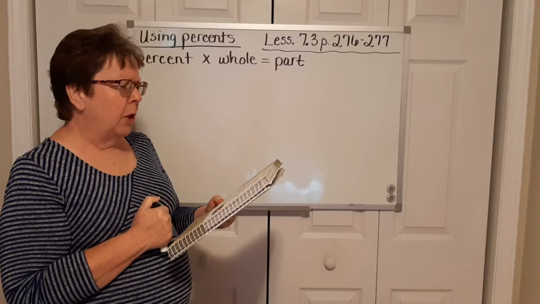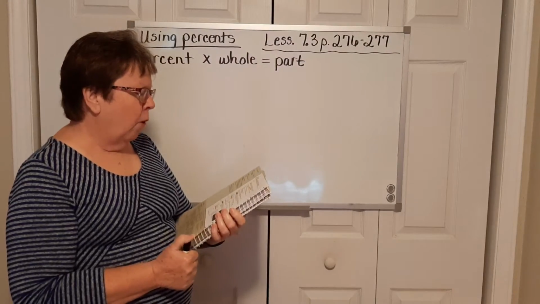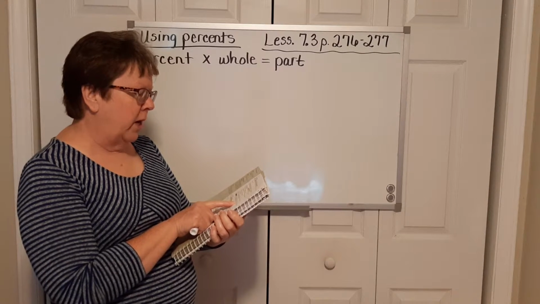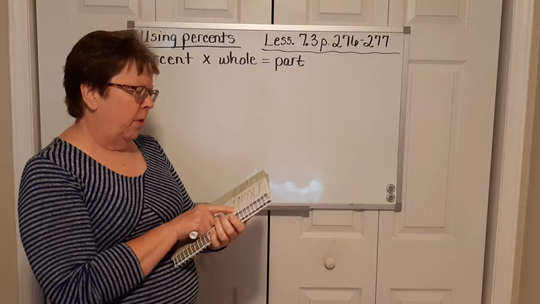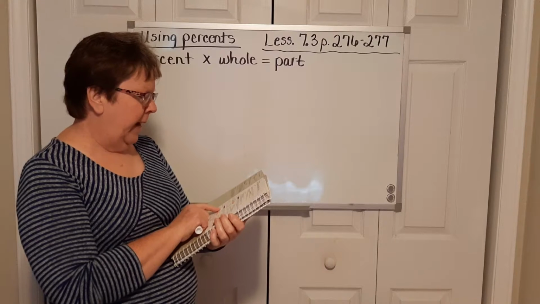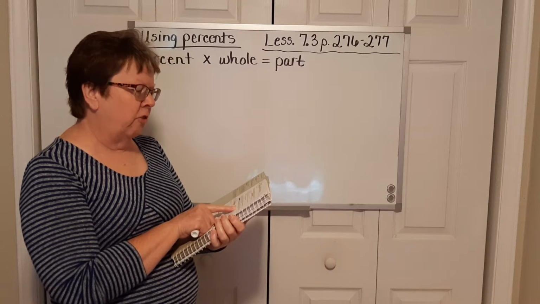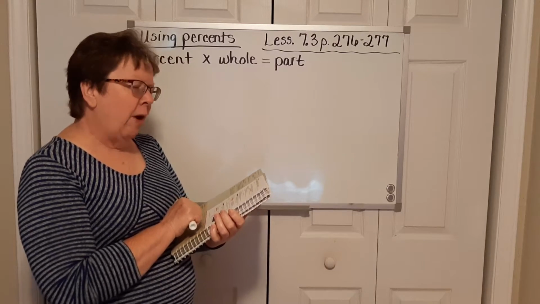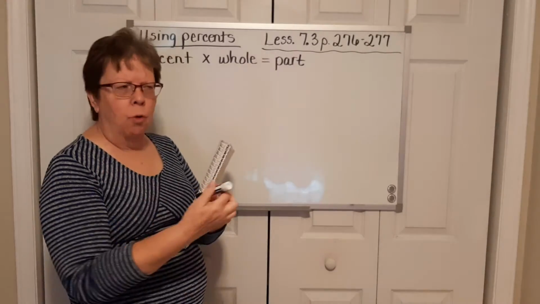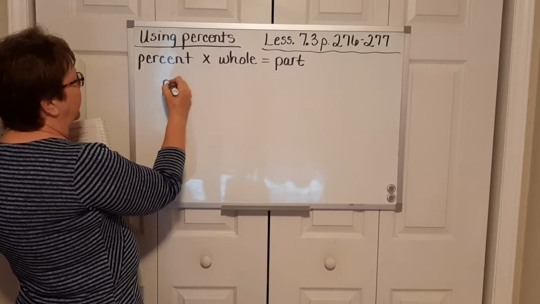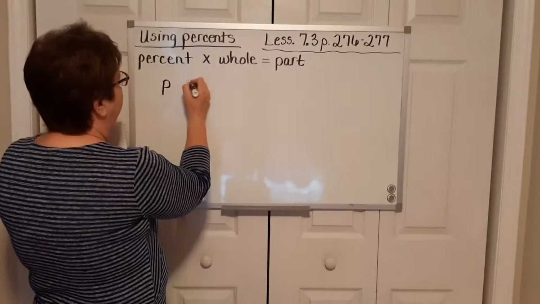I'm going to go over example one first. It says, of the 430 delegates, only 350 showed up due to the bad weather. What percent were able to attend? It says to round to the nearest tenth of a percent once you get your answer. They're asking us what percent, so we don't know the percent yet, so we're just going to label that with a P, times.